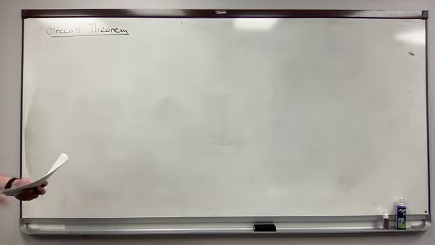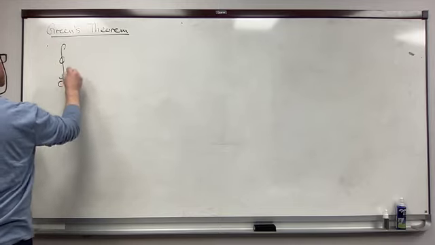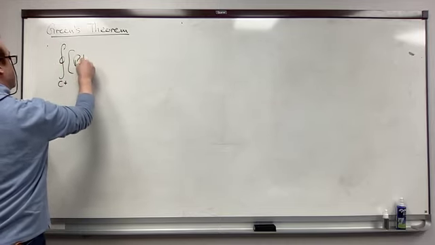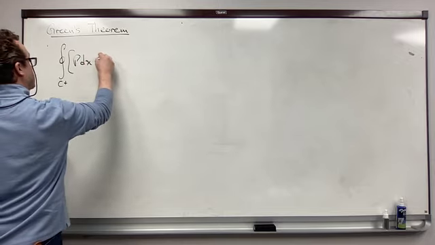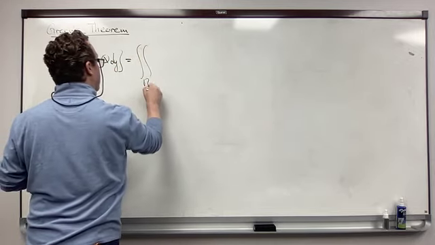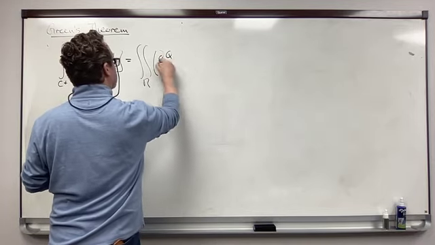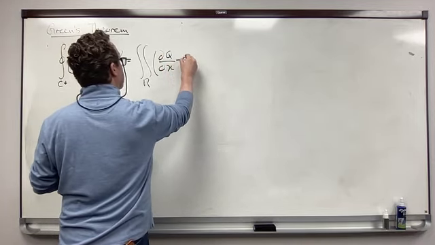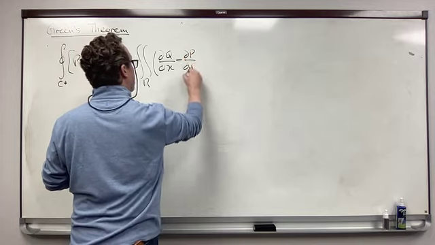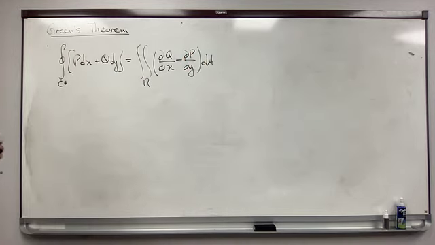So let's mention Green's theorem again. We said this: the closed integral over C of P dx plus Q dy equals the double integral over R, where R is enclosed by C, of ∂Q/∂x minus ∂P/∂y. Now, two things.